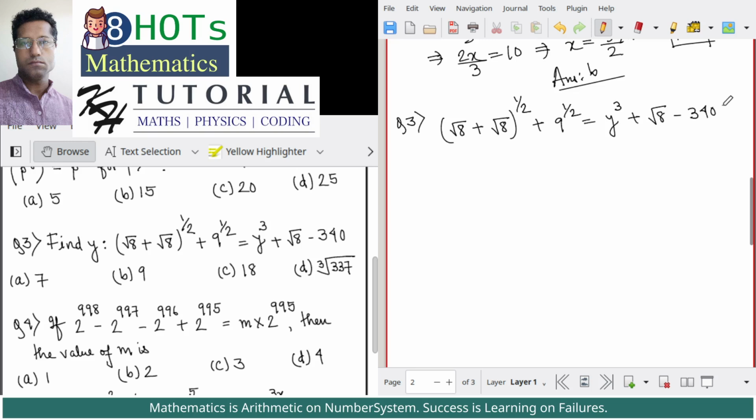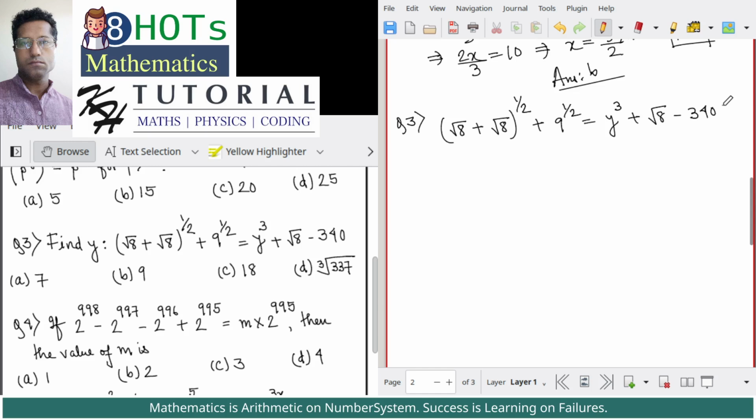Now definitely you see the LHS and RHS are not very easy to convert into a single exponential form. But anyway, if there are arithmetic operations on the left hand side and right hand side, we have to do that first.